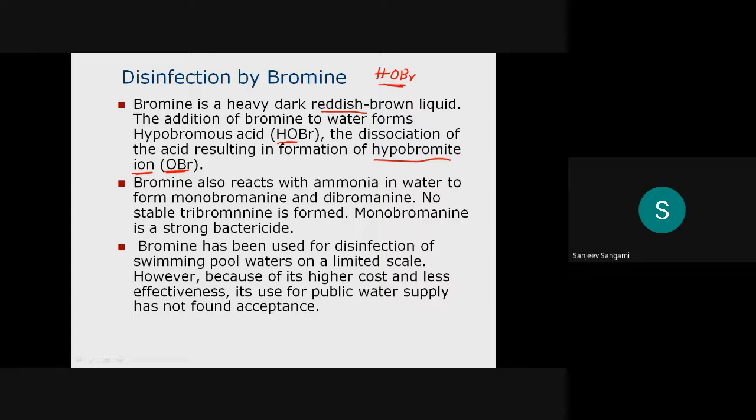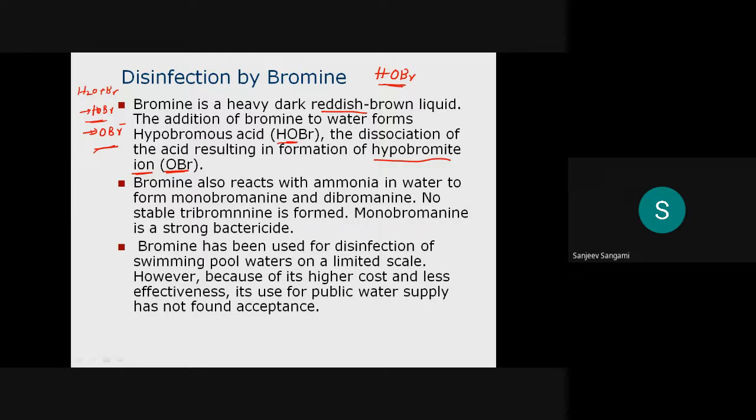It's very simple. Once you add this bromine, so water plus bromine, it will form HOBr. Then later it will dissociate to OBr minus. So this ion we can call as hypobromite ion.